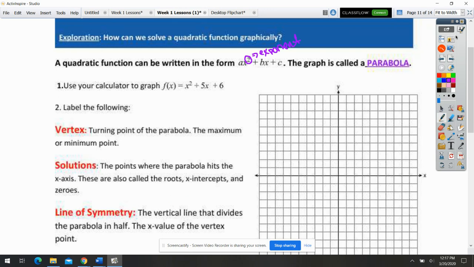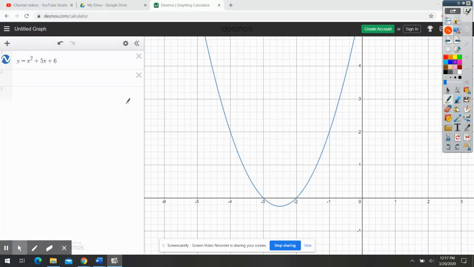So right now, I'm going to go onto Desmos, and I already graphed it, and this is what it looks like. Here I put it on the side. If you're using your phone, it should pretty much look the same. Make sure you put in the exponent of 2. So I have x squared plus 5x plus 6.